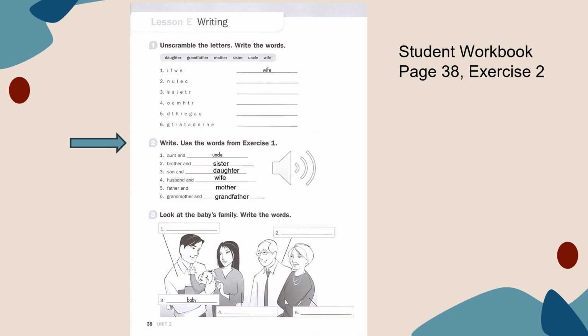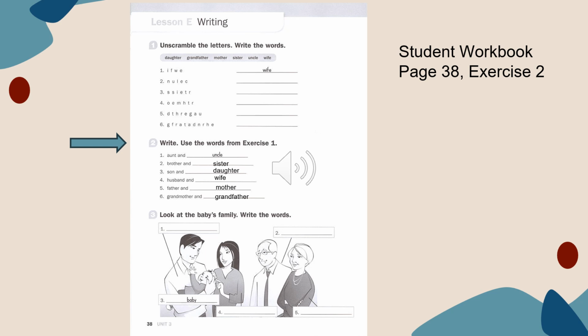Son and daughter, your parents' children. Either you're a son if you're a boy or a daughter if you're a girl. Two people that are married, husband and wife. The man is the husband, the woman is the wife.